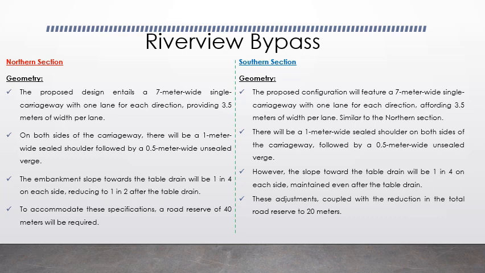To accommodate this space, for the northern section we will have a 40-meter road reserve because of the embankment construction there. But for the southern section, we only need 20 meters.